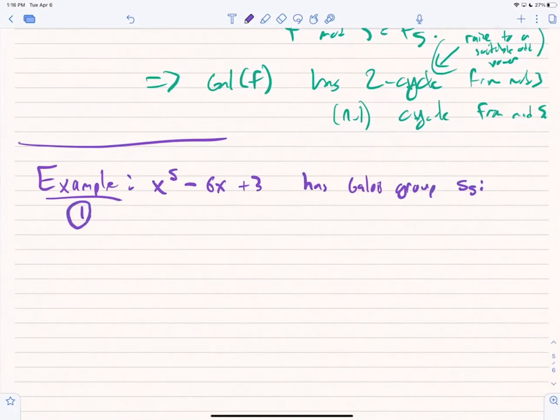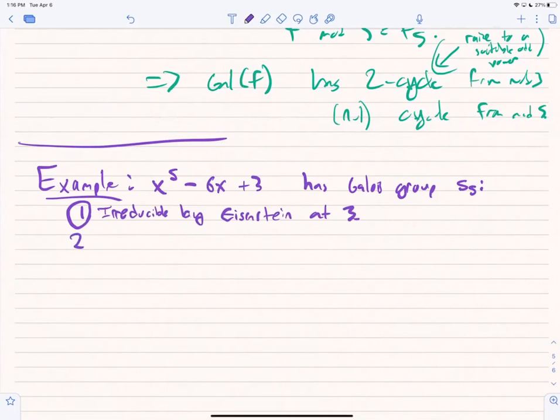Can someone tell me why it's irreducible? Yeah, great. Irreducible by Eisenstein at 3. Okay, so that's an easy win. Great.